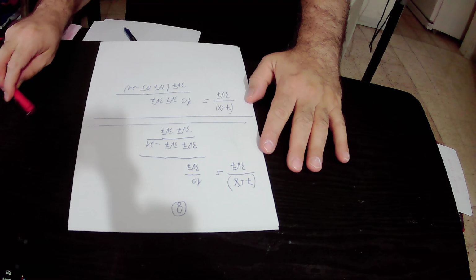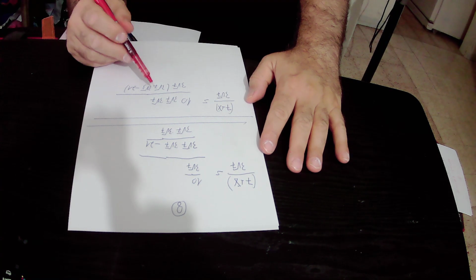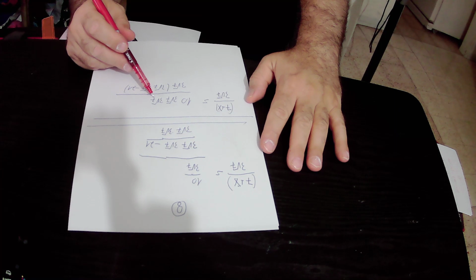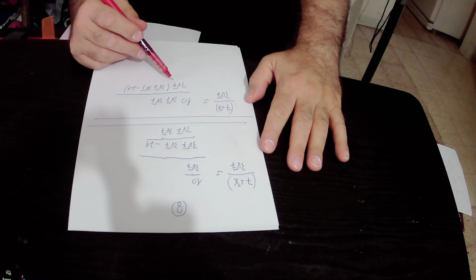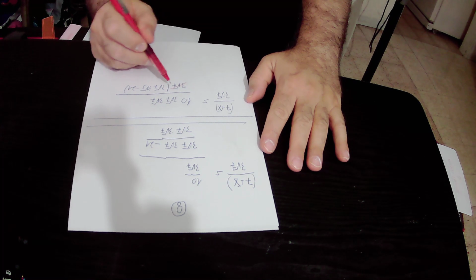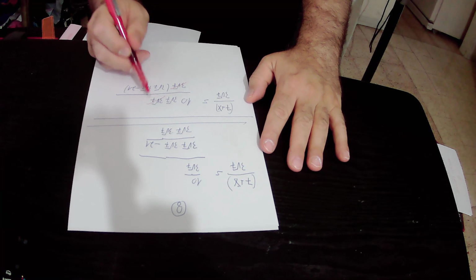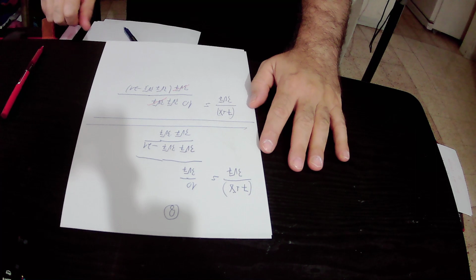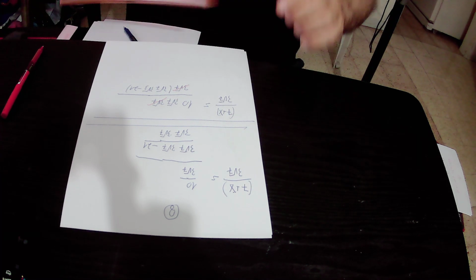So here we have 3 times root 7 in the numerator and in the denominator, so 3 times root 7 will get cancelled, and what is left after we cancelled it?